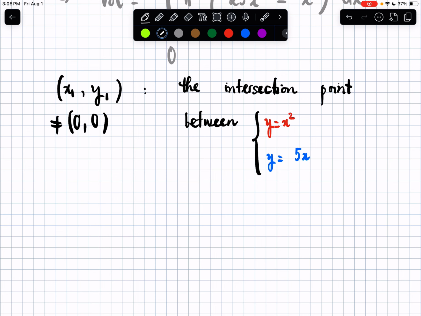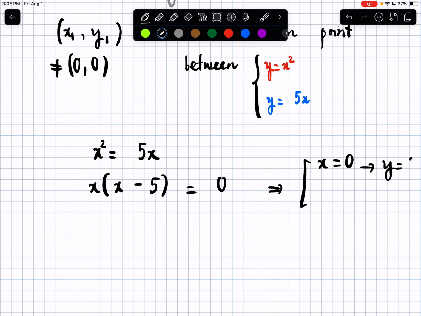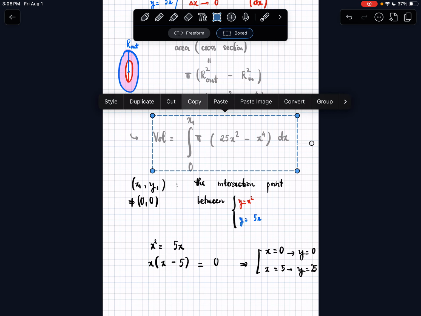This will give us two intersection points. So x squared equals 5 times x, because both of them equal y. So x times (x minus 5) equals 0. This gives us two cases. x equals 0, in which case y equals 5 times 0, which is 0, the origin. The second one is x equals 5, which gives us y equals 5 squared, 25. So x1 is 5.